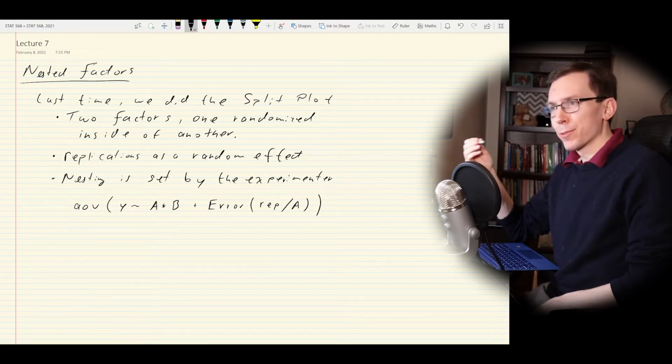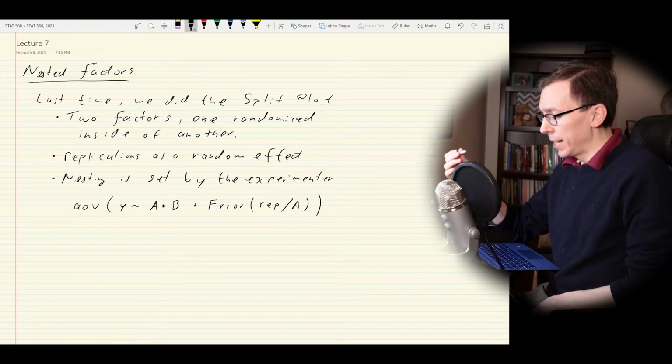So this would be how we would write this model in R, taking the replications to be a random effect.